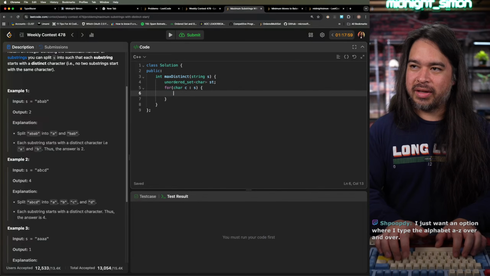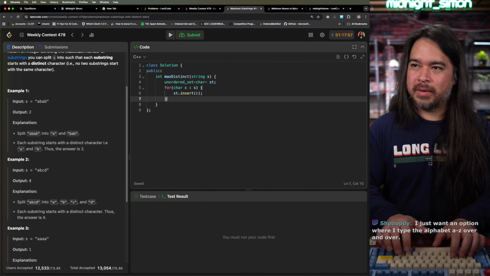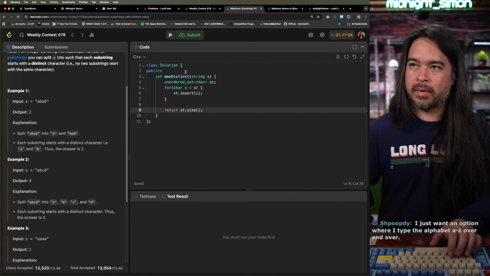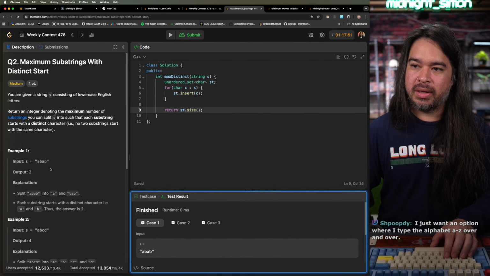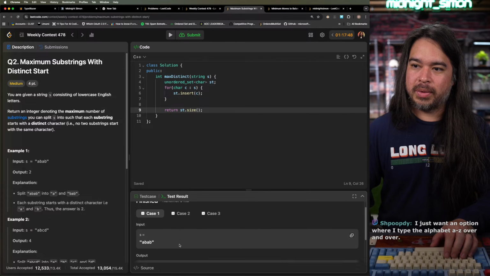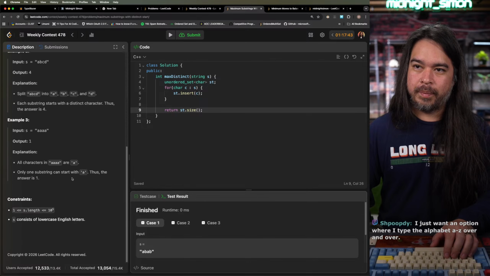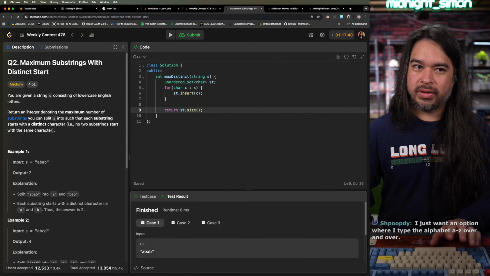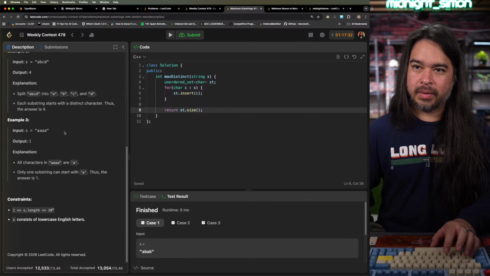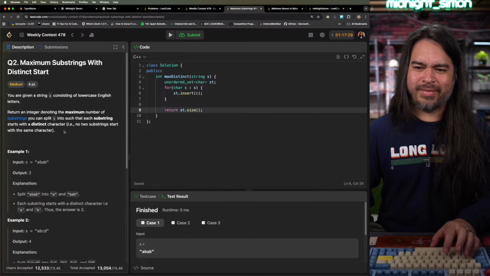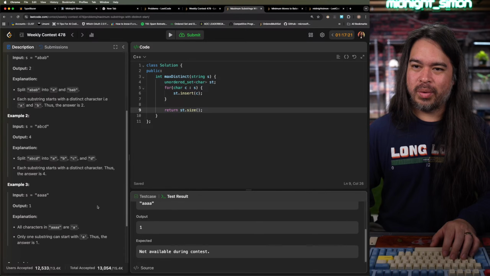My brain is like not that quick these days. Why wouldn't it be the unique number of characters in there, you know? Let me read it just to be sure it's not a trick question. Is it a trick question, man? Because what the hell kind of question is this? Alright, 2, 4, 1. I'm gonna send it.